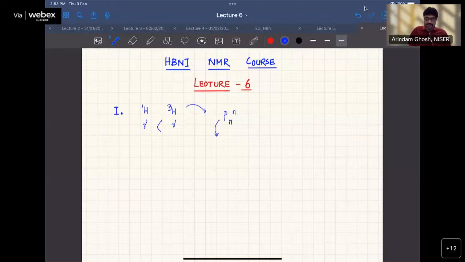The proton has a gyromagnetic ratio of about 5.5 plus, whereas the neutron has something like minus 3.8. So we expect that if I have two neutrons coming along with the proton, the gamma should ideally go down with this negative contribution, rather than going up, correct?